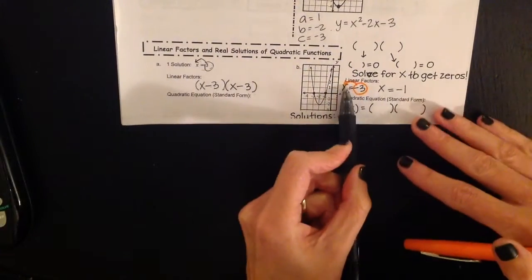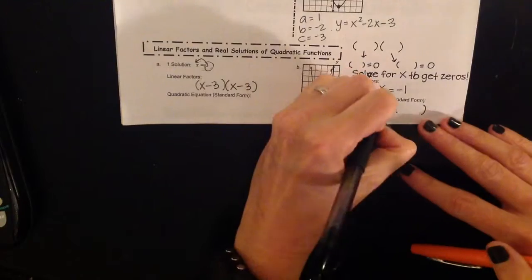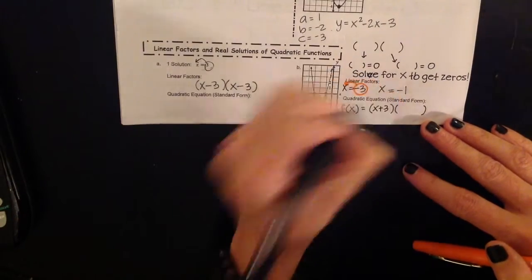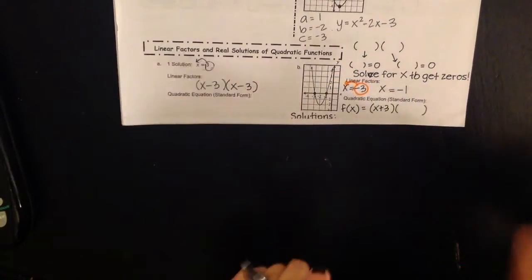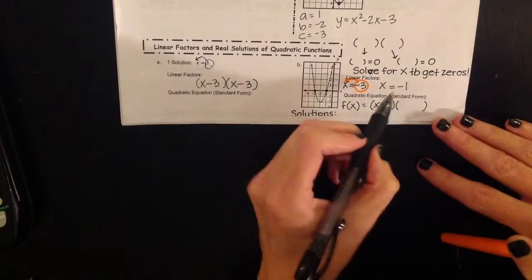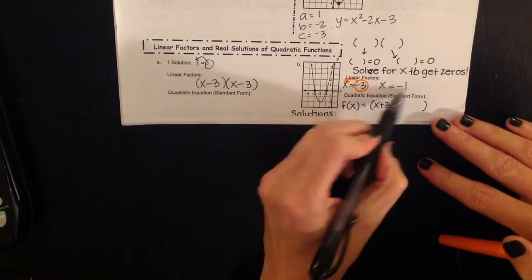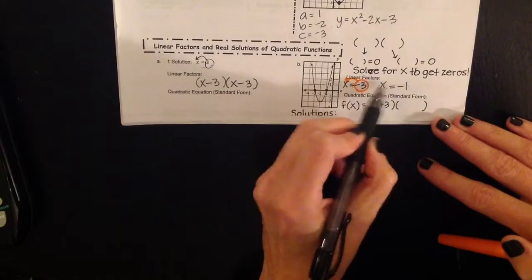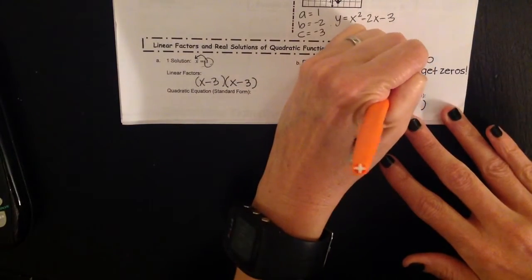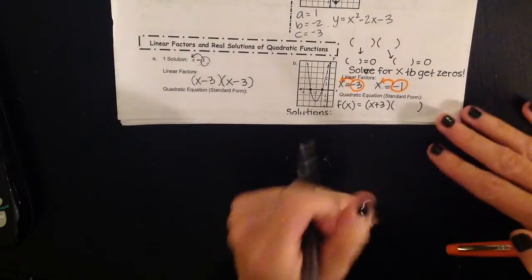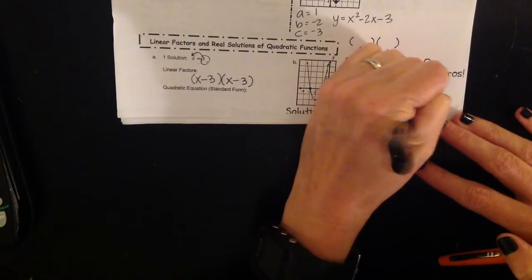And when I move a -3, it's going to change to +3. So I'm going to have x plus 3 as a factor, but its solution is x equals -3. For here, how can I rearrange this so that I get the x and -1 on the same side? Well, simple. I move my -1 to be back with the x. That creates my factor, and I've got x plus 1.